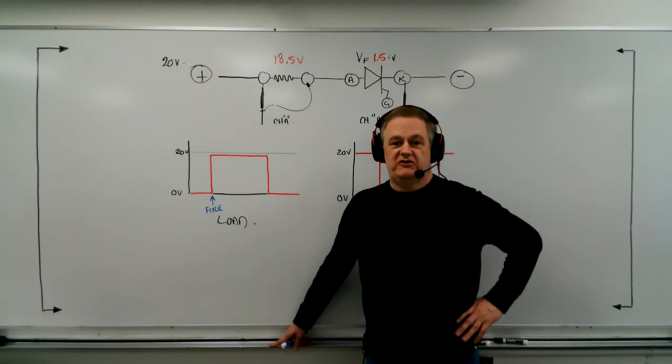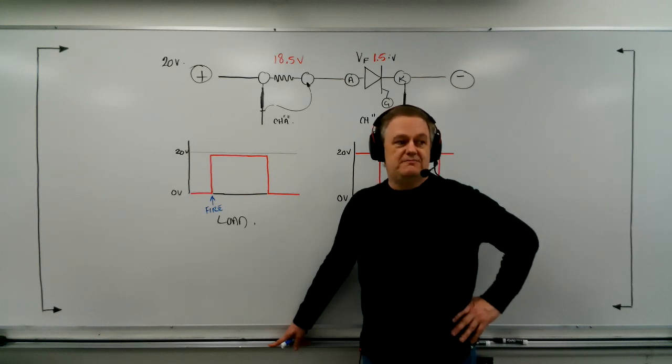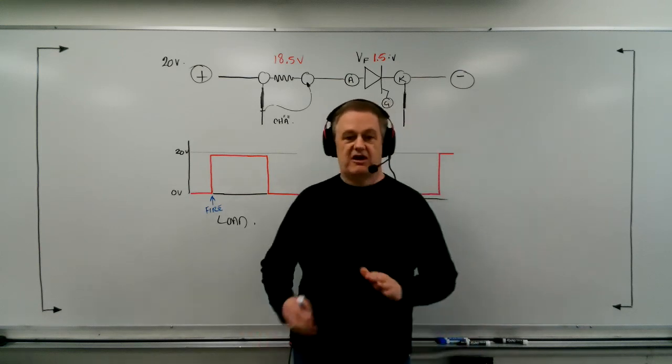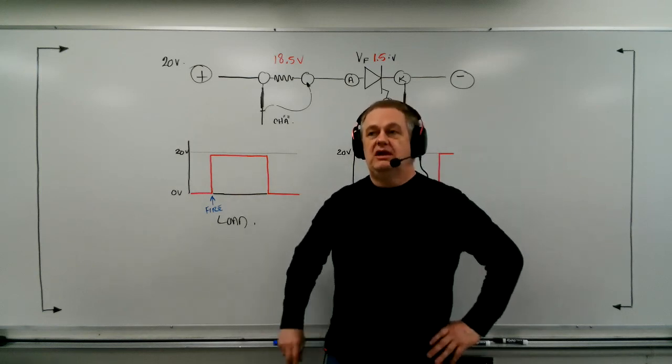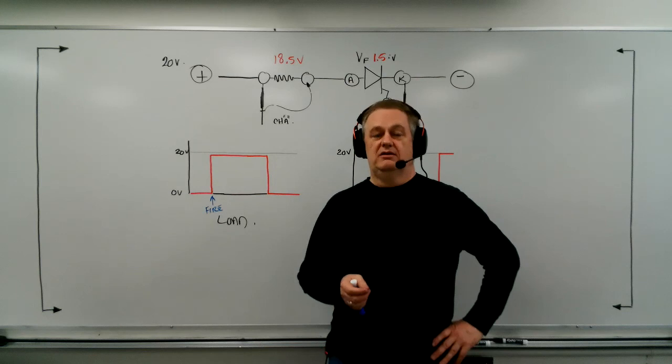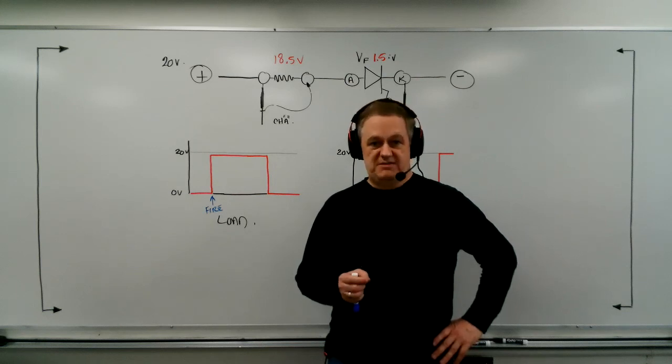All right, so I'm going to summarize then. We've been looking at the SCR, and the very first application is using the SCR with a DC power supply as a solid state switch.